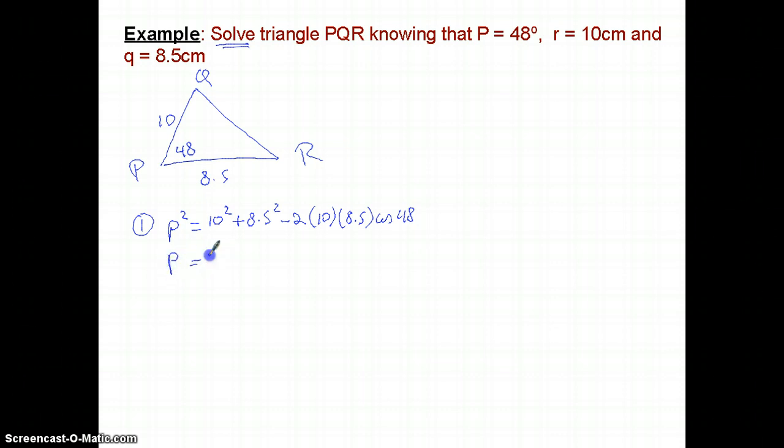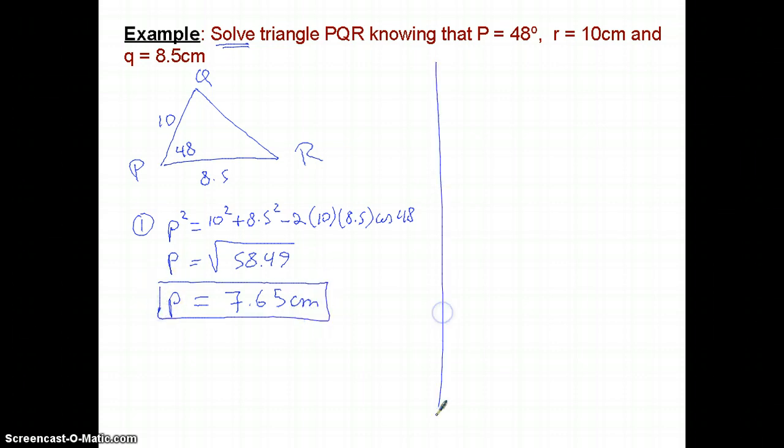Okay, I'm going to end up having the square root of 58.49. And that's easy to plug into your calculator in one step, which means that p is equal to 7.65. Do I have units? Centimeters. So that's p. One down.